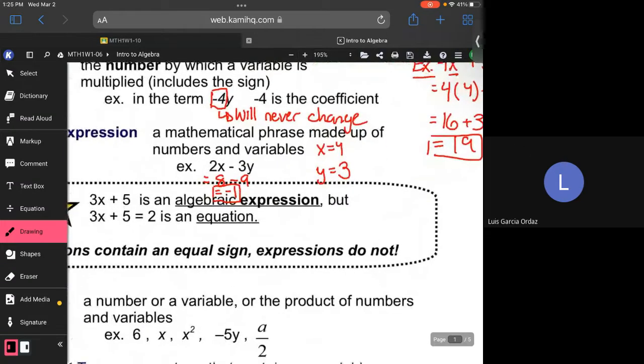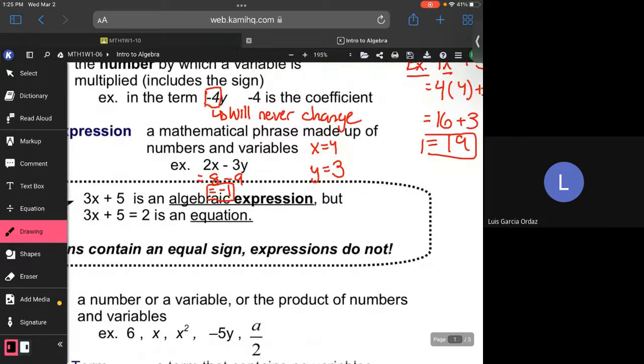However, if we set my expression equal to a specific value, that is then called an algebraic equation, meaning that there's only one possible value that x can be in order for my equation to be true. In this case, x cannot be any number.